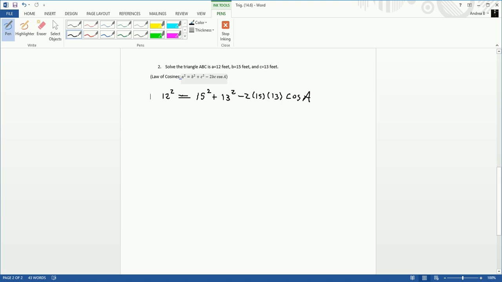Remember, capital letters represent the angle measurements, lowercase letters represent the sides.